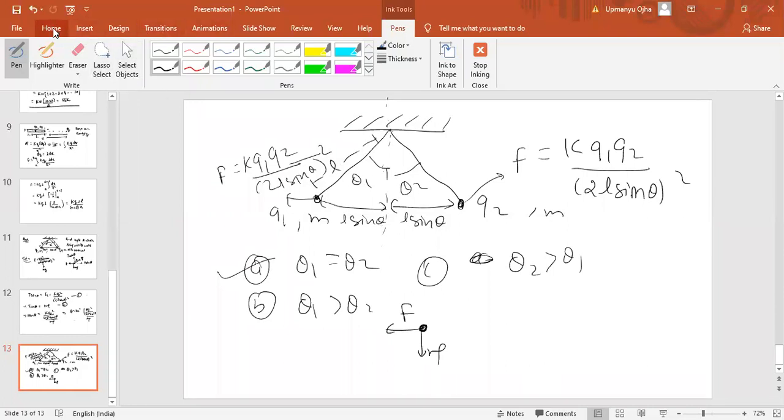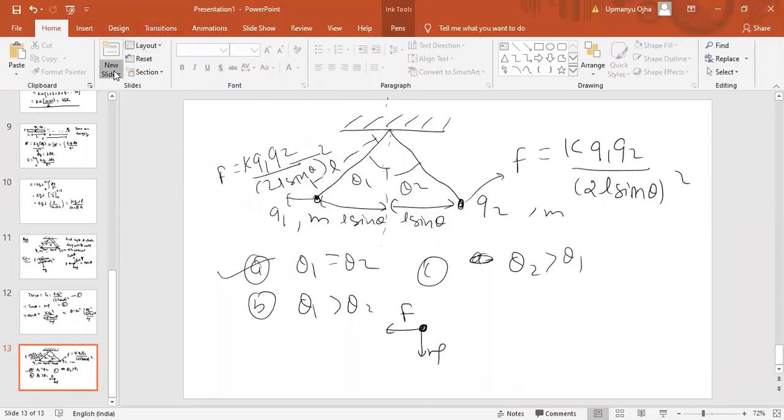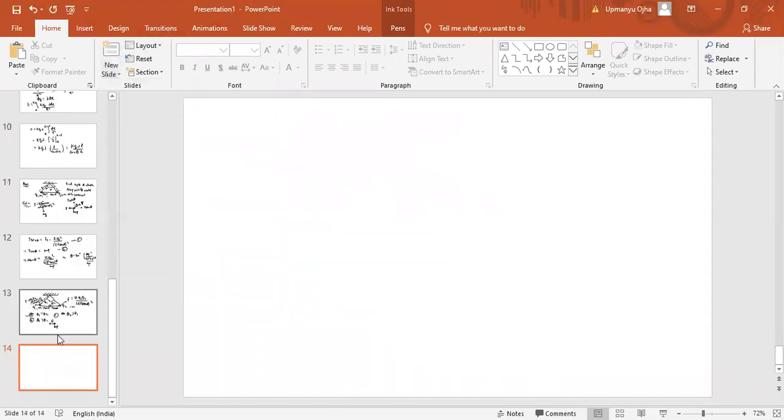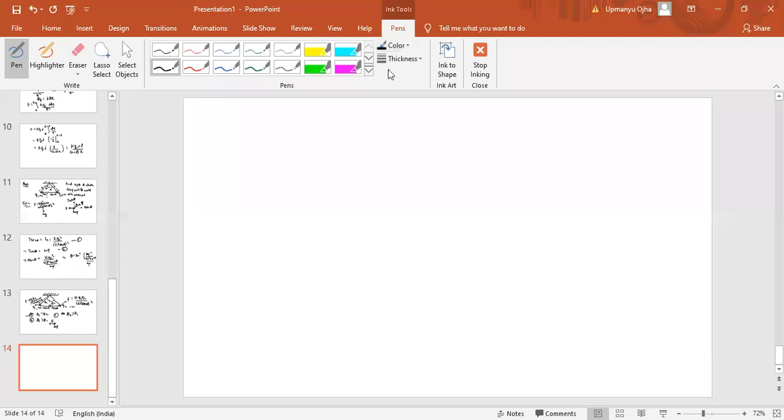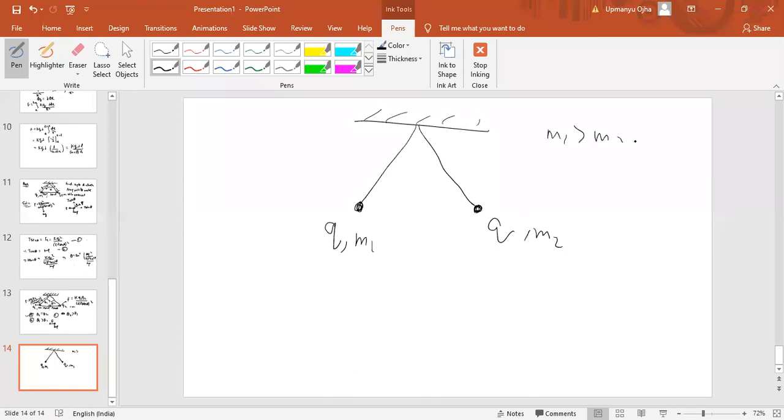Now a similar question. If we change the mass, like if I take one more condition here, again we have taken two strings of the same length L. We have two balls, both with equal charges, say Q and Q, but the masses are different, M1 and M2, and we know that M1 is greater than M2.